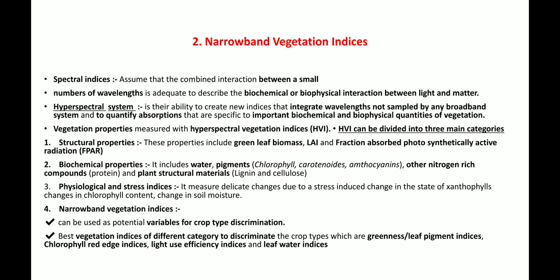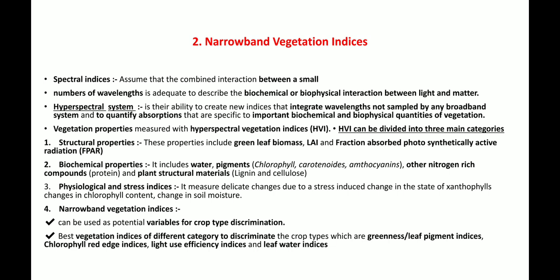In these narrow band vegetative indices, a hyperspectral system is used, that is, the ability to integrate wavelengths not sampled by any broadband system, but to quantify the absorption of light specific to the important biochemical and biophysical quantities of the vegetation.